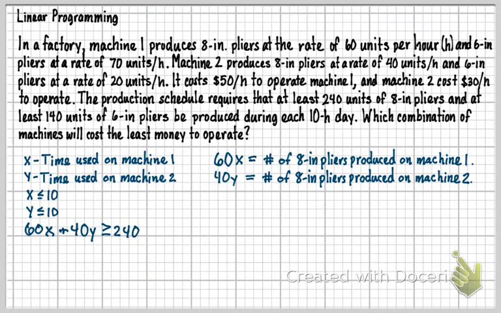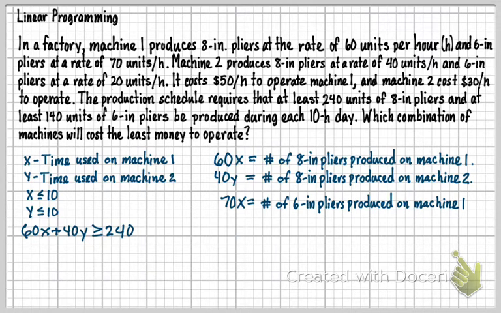Now similarly, we can find out the 6-inch pliers. For machine 1, it says for 6-inch pliers, the rate is 70 units per hour. So we're going to have 70X, the number of 6-inch pliers produced on machine 1. And for machine 2, for 6-inch pliers at a rate of 20 units per hour, that's going to be 20Y.